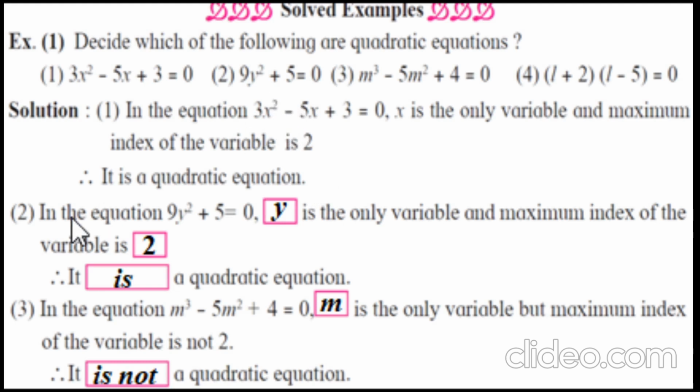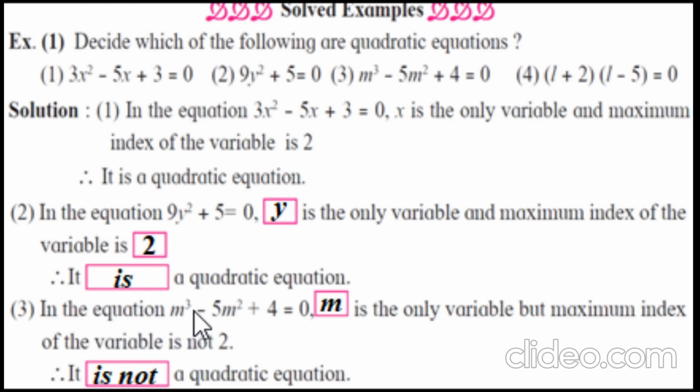Therefore it is a quadratic equation. Then in the equation 9y square plus 5 is equal to 0, y is the only variable and the maximum index of the variable is 2. Therefore it is a quadratic equation.